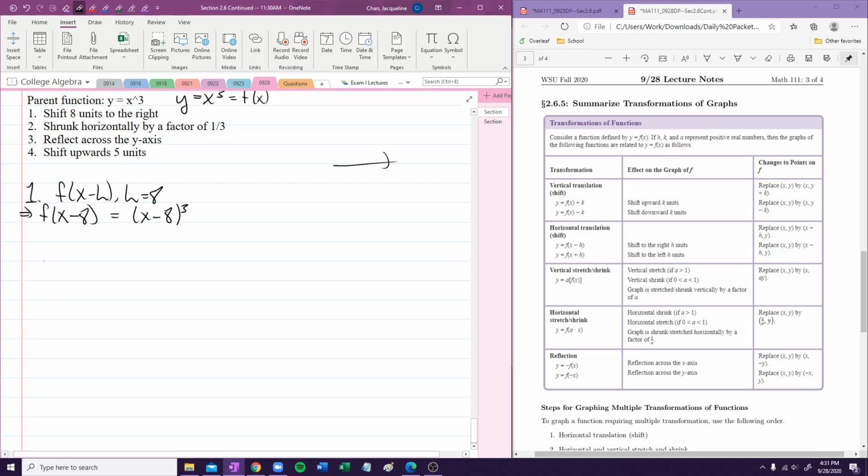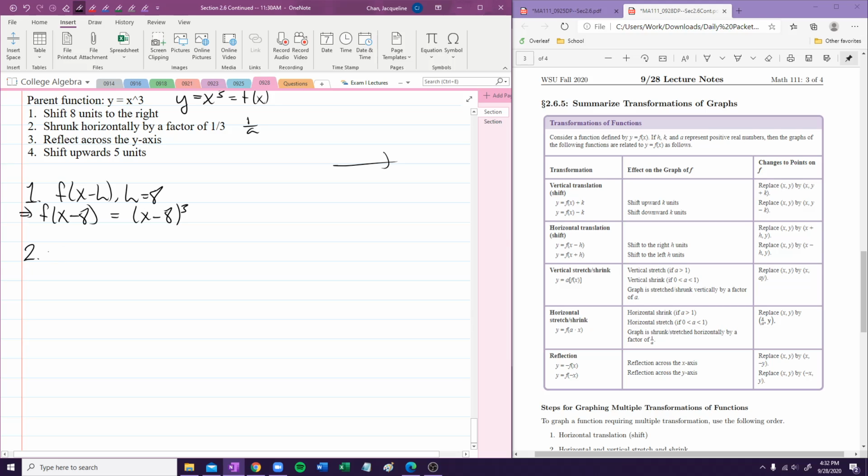All right, our second one is shrunk horizontally by a factor of 1/3. Remember, for a horizontal stretch or shrink, it is a factor of 1/a.